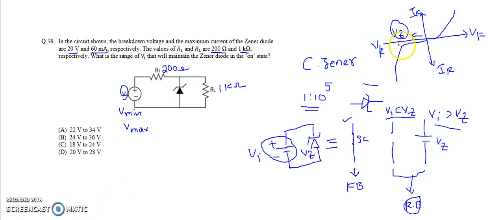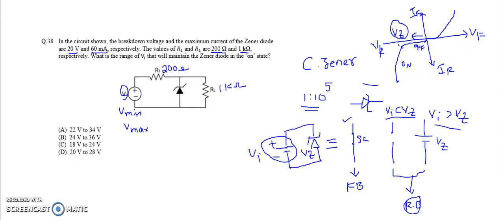From here to here we can say that the Zener diode is in the off state. Why? Because a very minute amount of current is flowing in this state, within the range of microamperes up to the Vz.